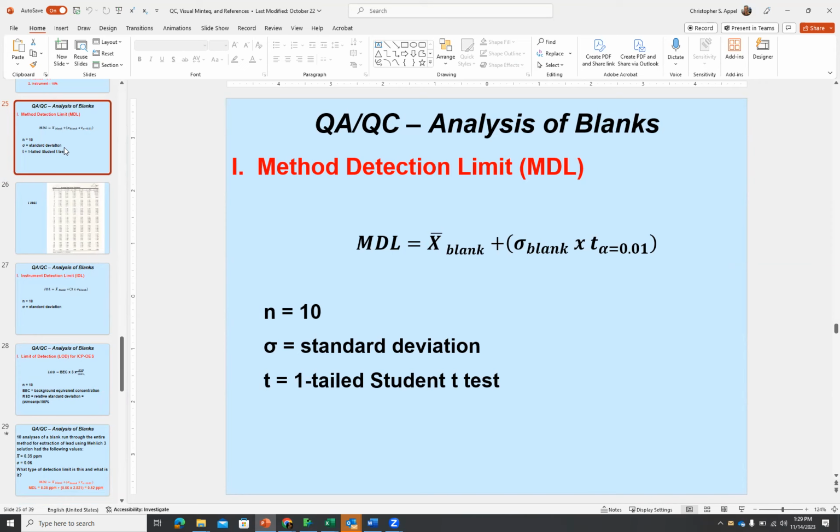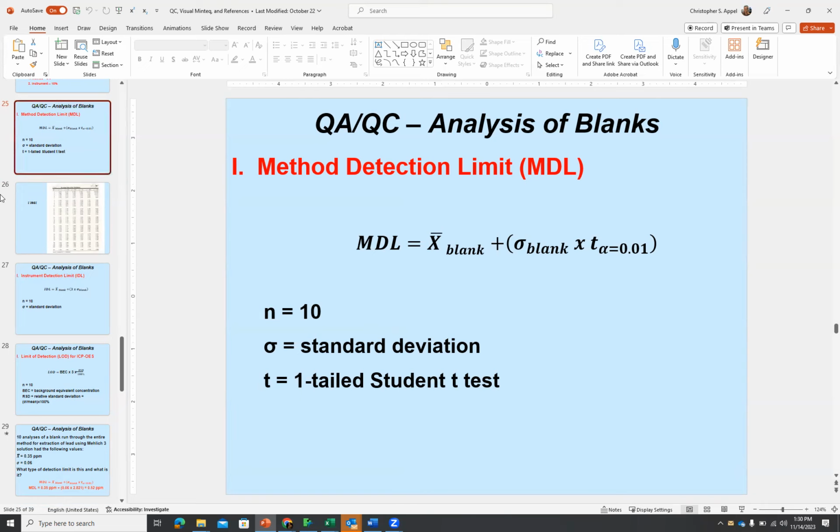Measured over known. But for method detection limit, it's the mean of blank analyses, which we did 10, plus the standard deviation of those blank analyses times the student t-test, one-tailed t-test where alpha is 0.01.